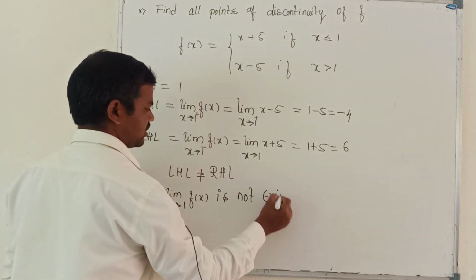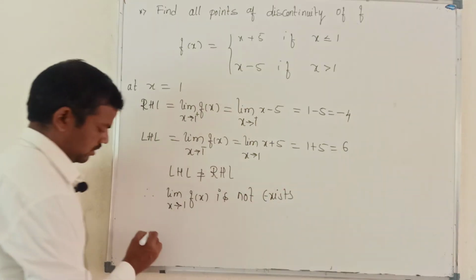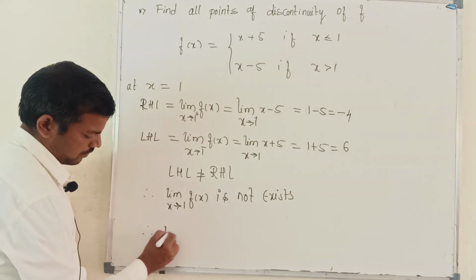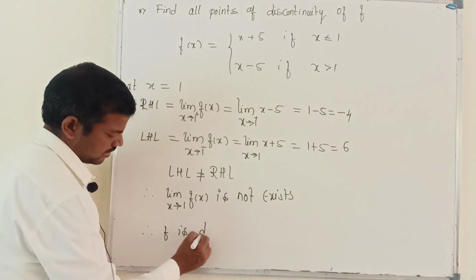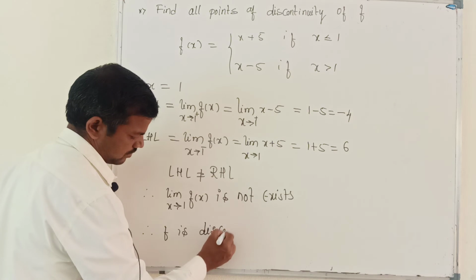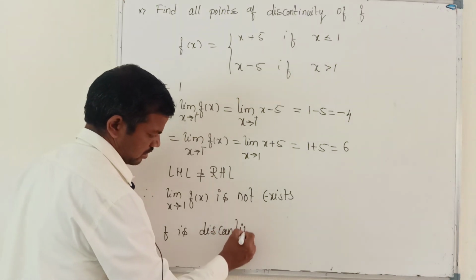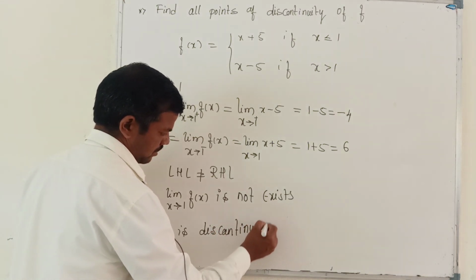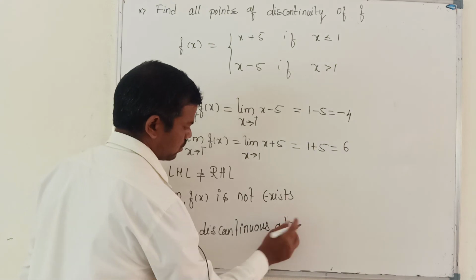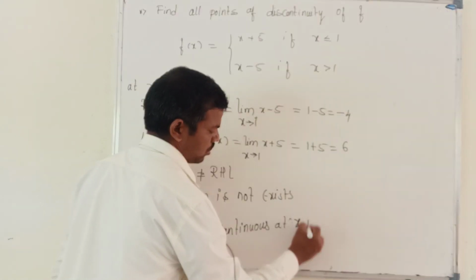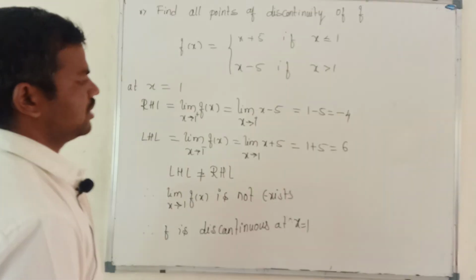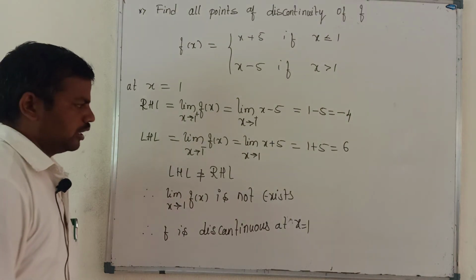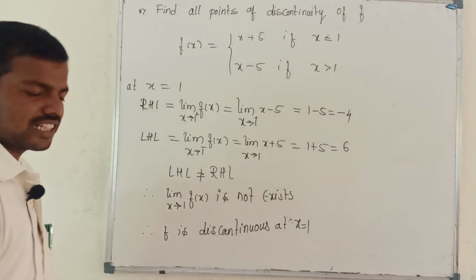If the limit does not exist, then it is not continuous. Therefore f is discontinuous at x equal to 1. Now let me check the remaining real numbers.